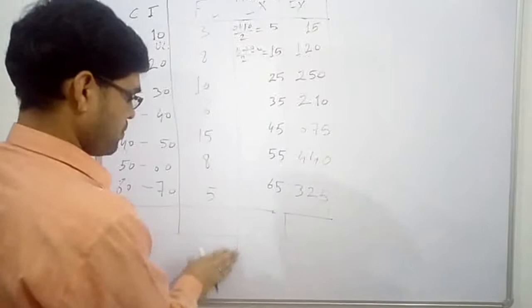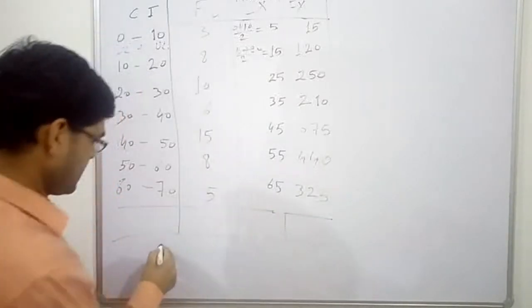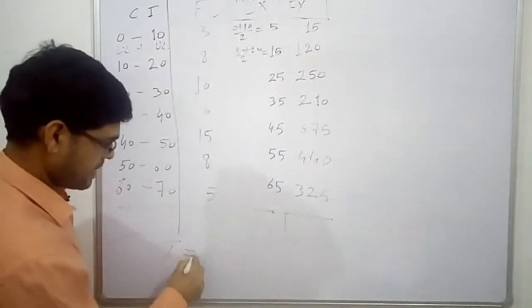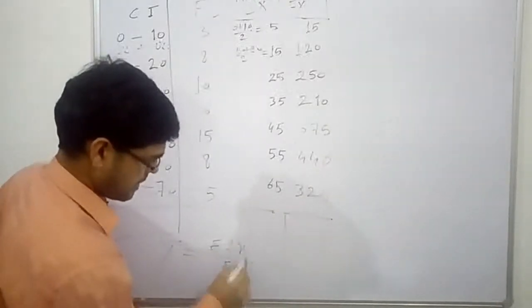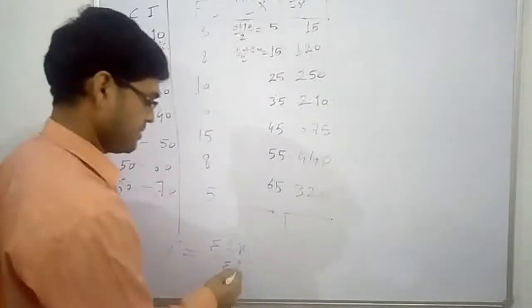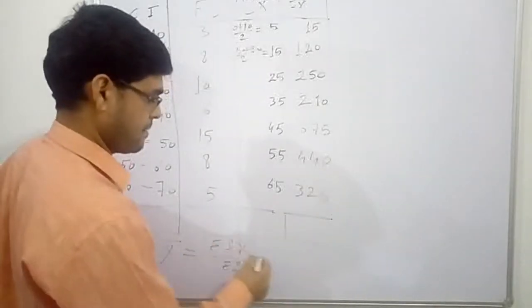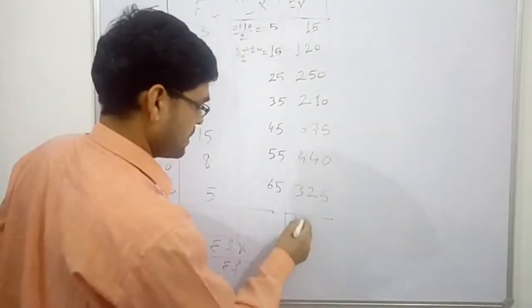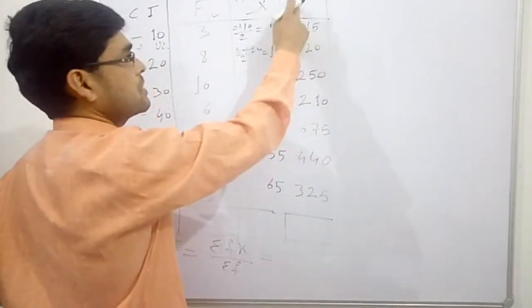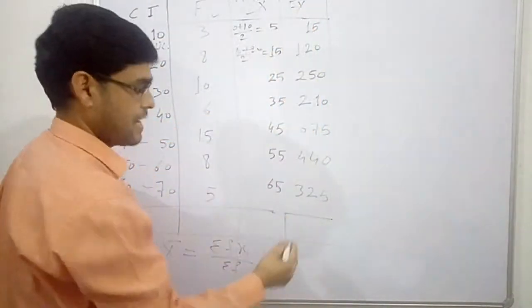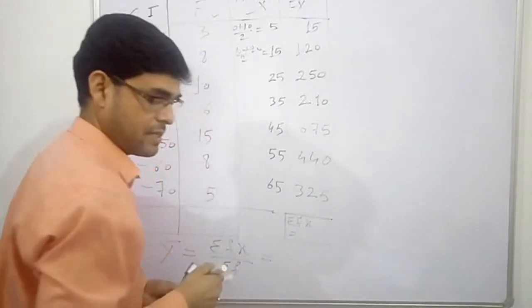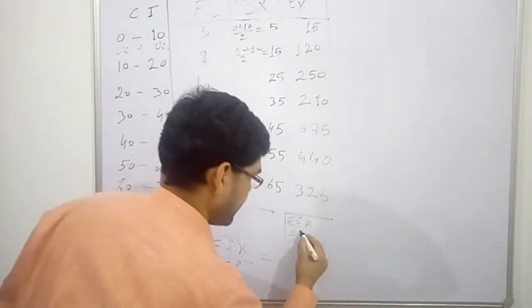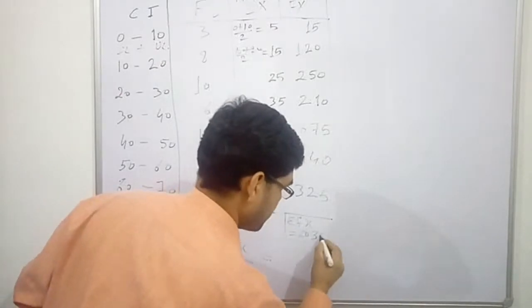Once you get fx, you calculate the mean. By the direct method, mean is sigma fx upon sigma f, or simply n. Sigma f is also known as n. Here we sum all the fx's, and this sigma fx is 2035.